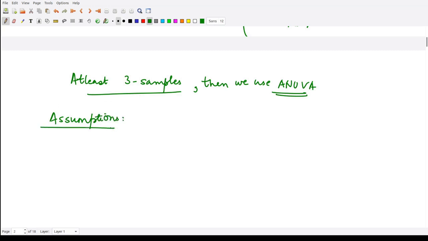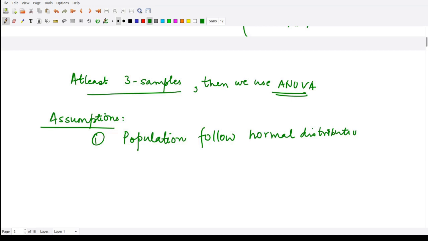That means when can you use ANOVA? First, whenever the population follows normal distribution, in that case you could apply ANOVA, and here the number of elements should be greater than 30.